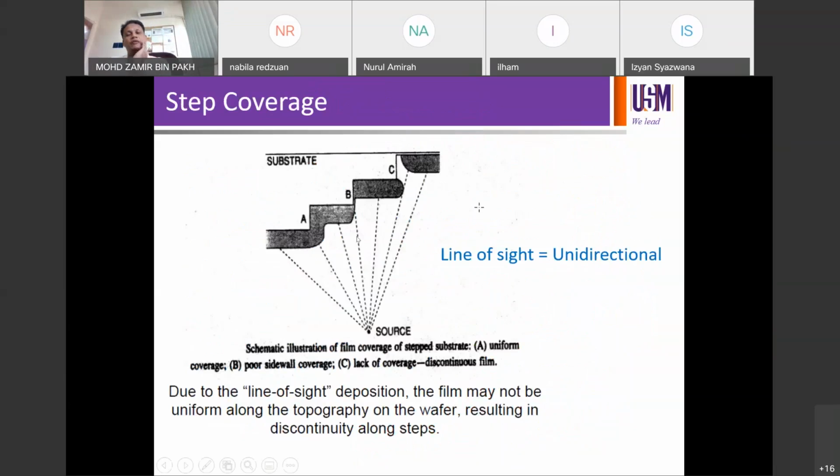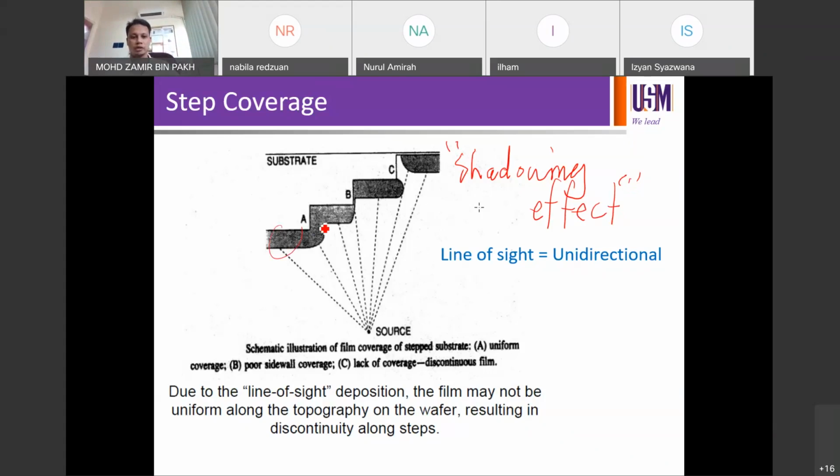If you have features, just like what we discussed on the shadowing effect during ion implantation, this is a similar problem. It's also called the shadowing effect. Only now it is due to the same features during film deposition instead of ion implantation. It's due to the presence of features.